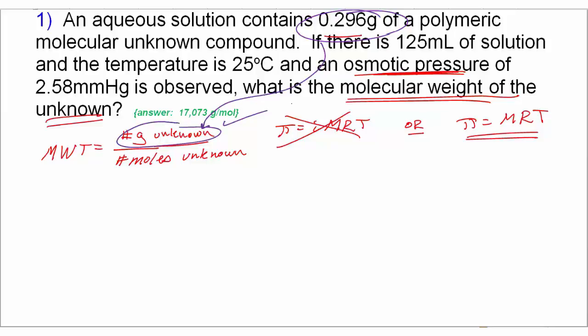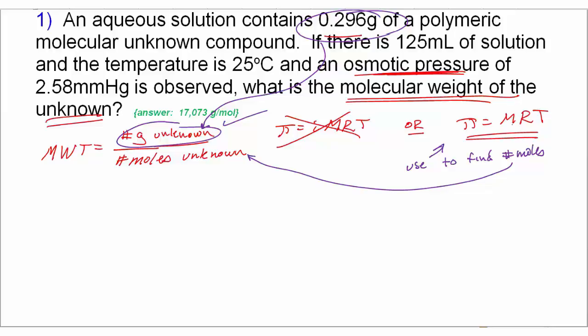We're halfway there. So we are going to use this equation, the osmotic pressure equation, to find the number of moles. And then we'll plug it in down here, and we'll have our molar mass of the polymer. So let's go ahead and get started.